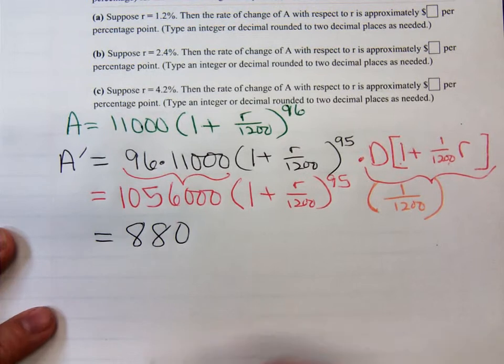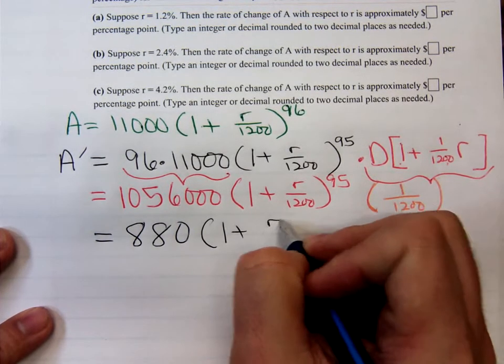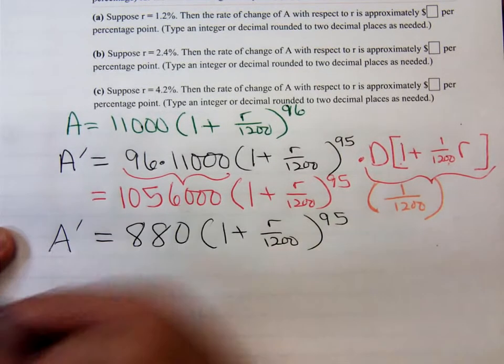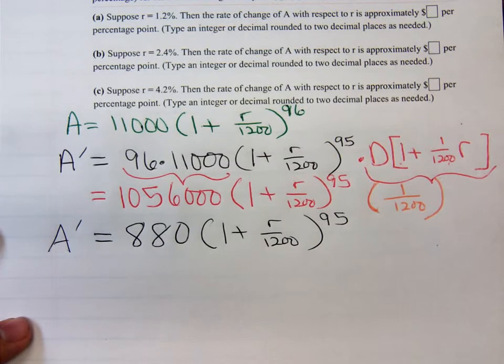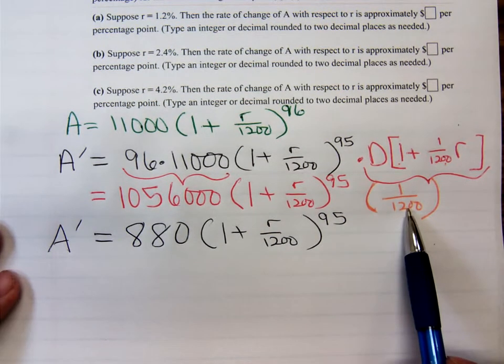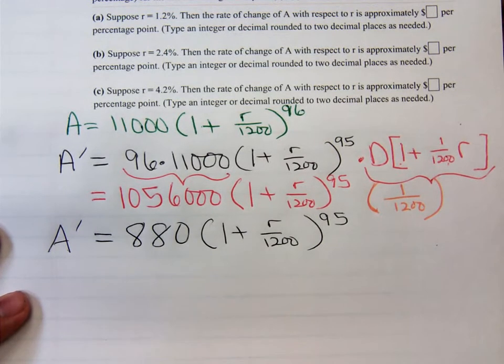So we still have the 1 plus R over 1200 raised to the 95th power, and that's my A prime. 96 times 11,000. Then I had to multiply that by that 1/1200th, which is just dividing by 1200, to give me a final coefficient of 880. Agree or disagree? Yes, I agree. I double checked myself.